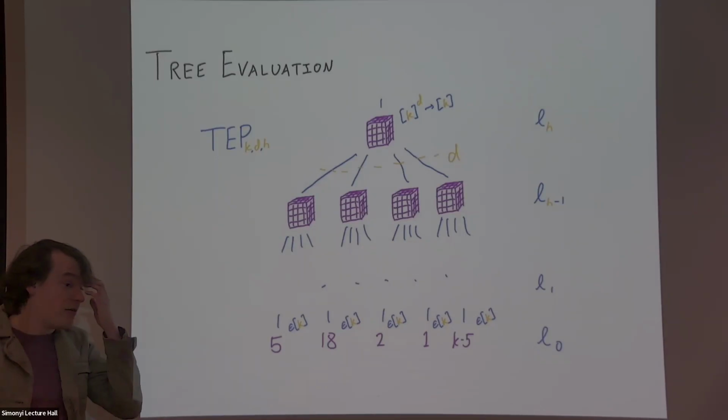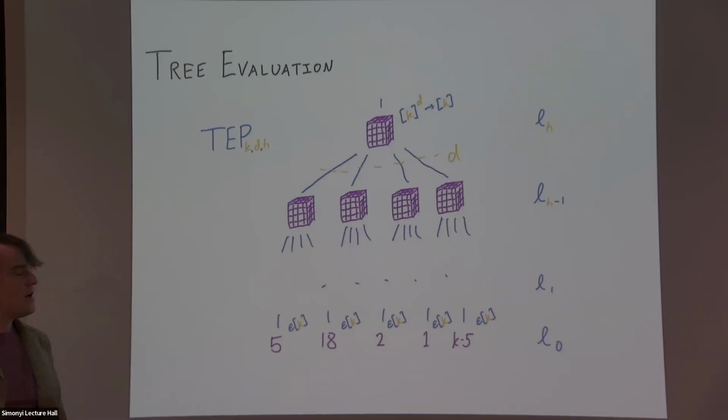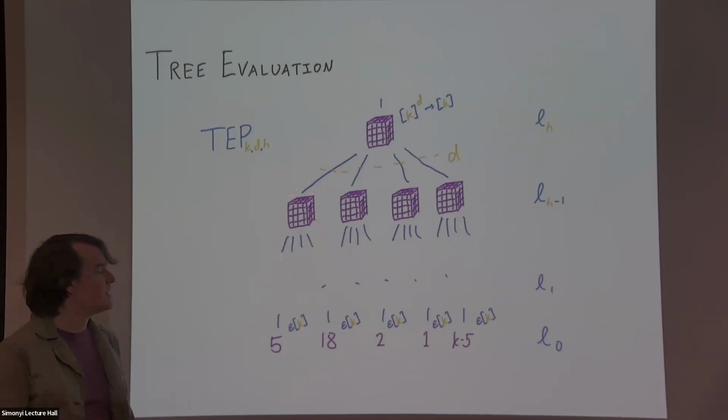That's going to be our alphabet without loss of generality, because at every internal node, the input has to specify an entire function from the inputs to the output. The inputs are D numbers, 1 to K, and the output is 1 number, 1 to K.